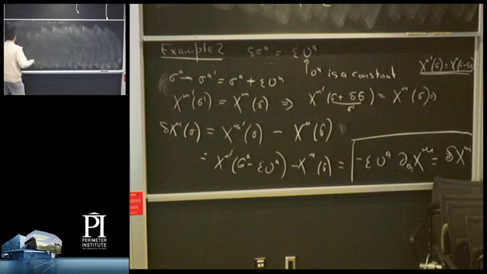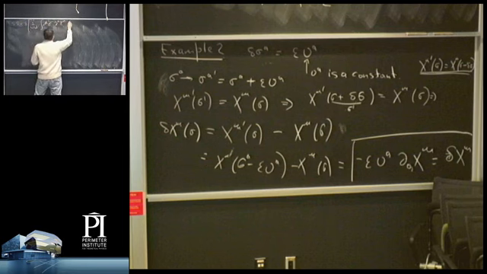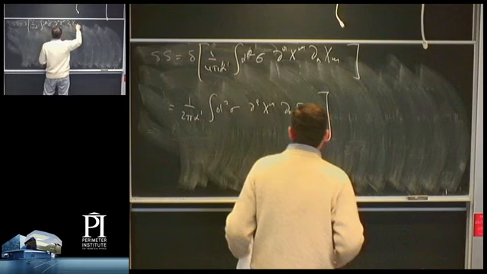Okay, so again, our action is as before, and so delta S, the transformation of the action, is delta of 1 over 4 pi alpha prime, the integral d2 sigma, and then I have del a x mu, del a x mu.